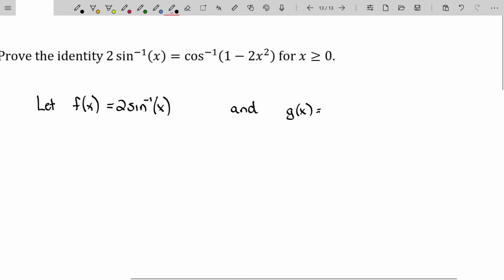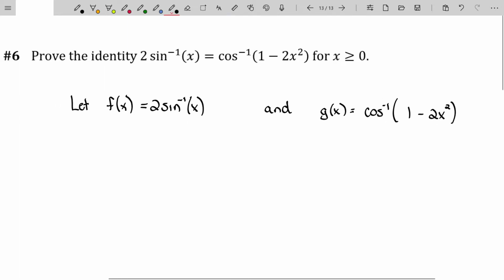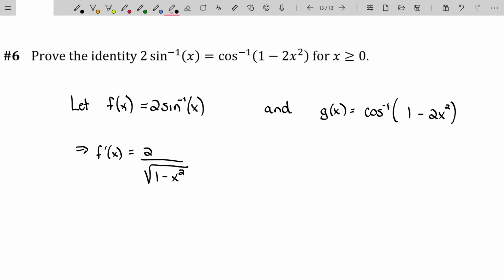We're going to let g(x) equal cosine inverse, or the arc cos, of 1 minus 2x squared. Taking the derivative of each of these, f prime of x is 2 times 1 over the square root of 1 minus x squared.